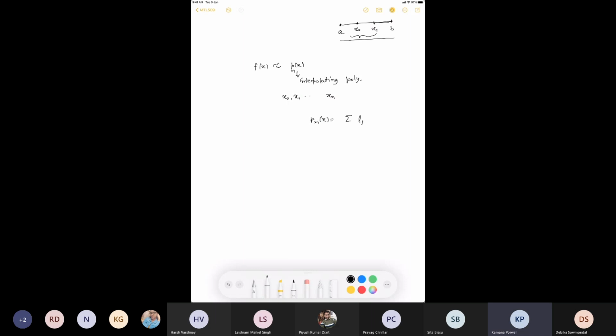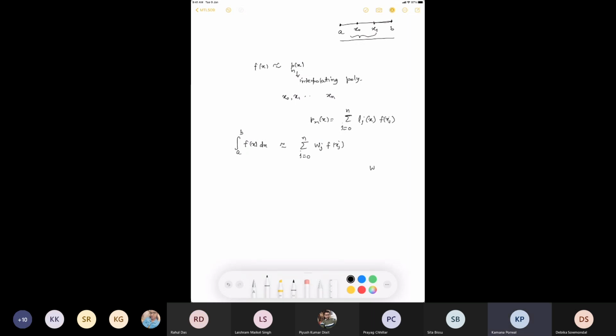It is nothing but, I can write it in terms of the Lagrange basis polynomials: L_j(x) times f(x_j), j varying from 0 to n. So all the integration formulas which we have obtained so far to approximate this are of the form sum of w_j f(x_j), j varying from 0 to n.